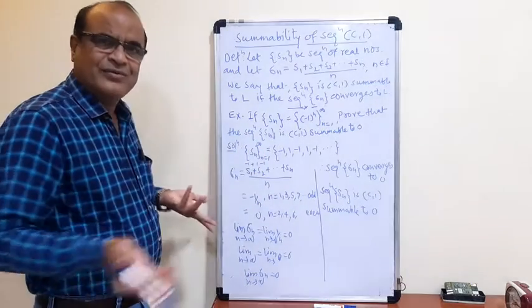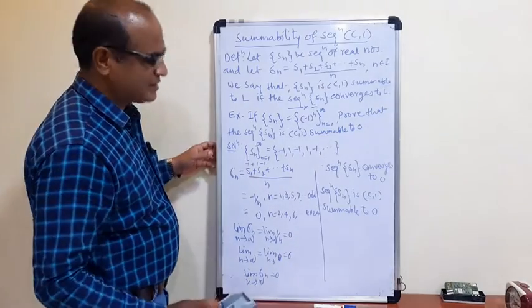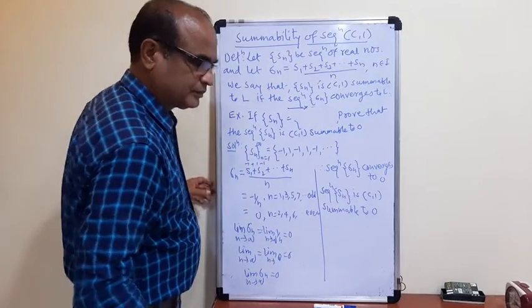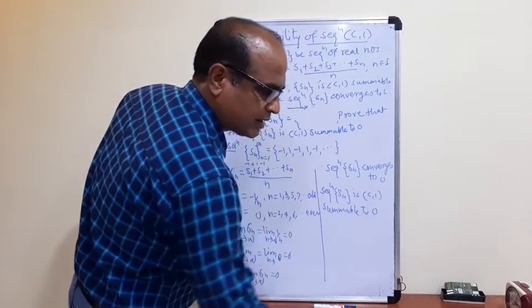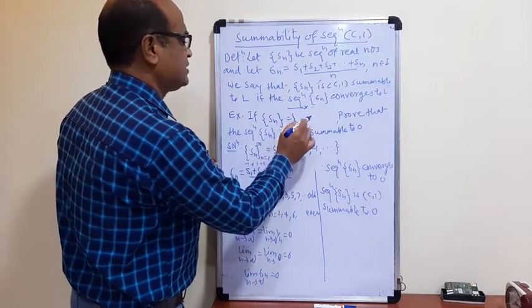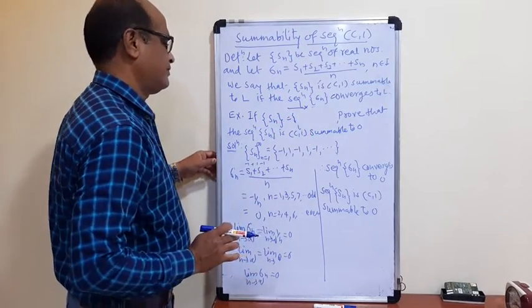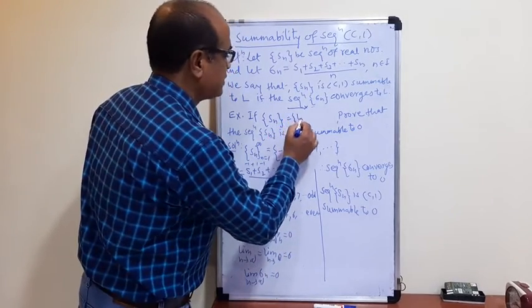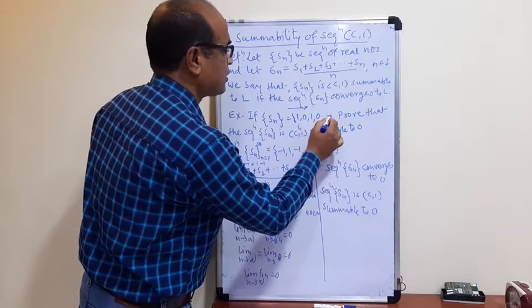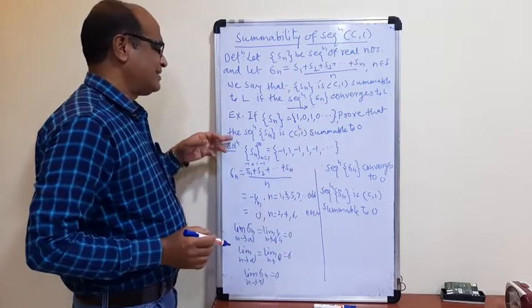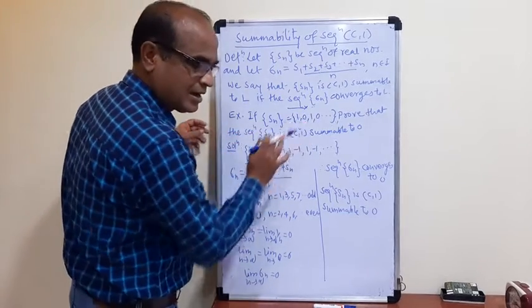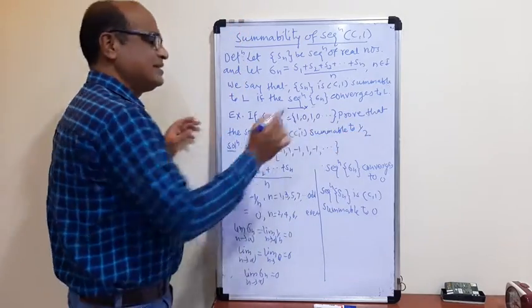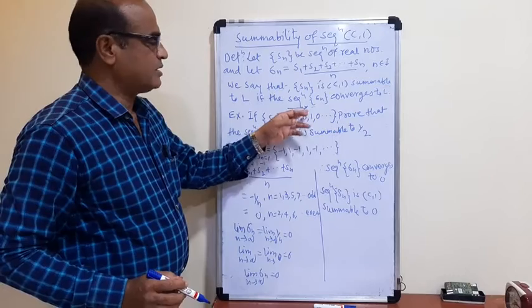So this is a very simple example that we discussed here. Let us take another example. This is a sequence 1, 0, 1, 0, and so on.